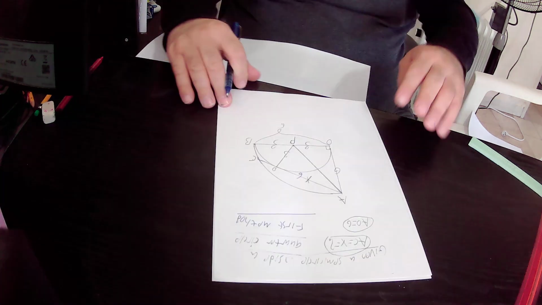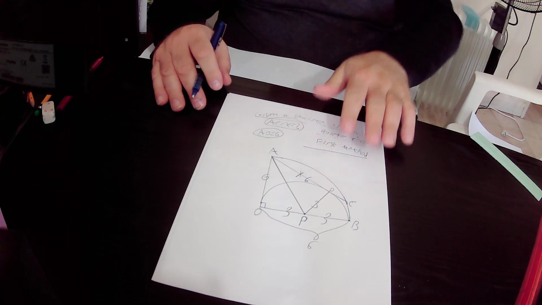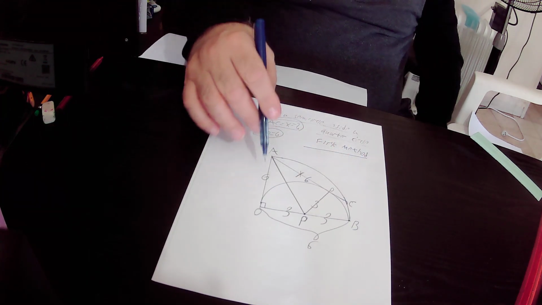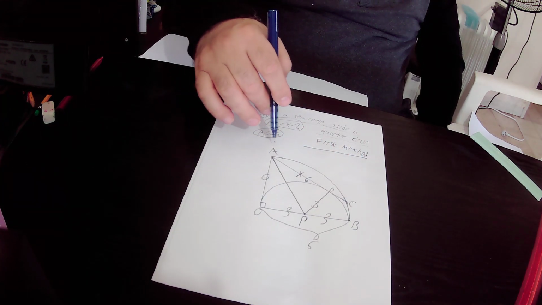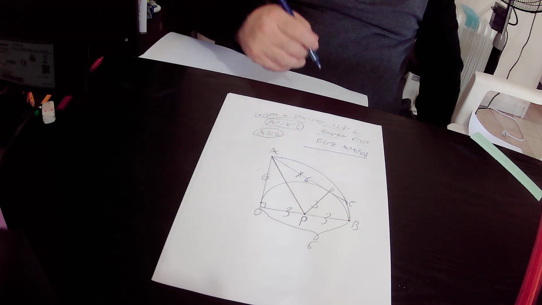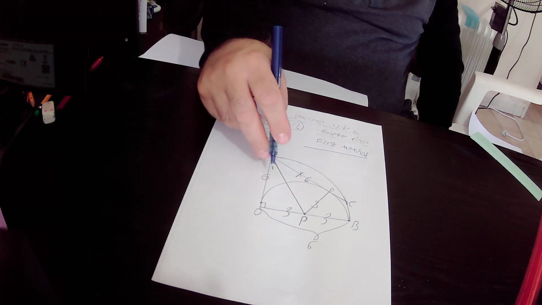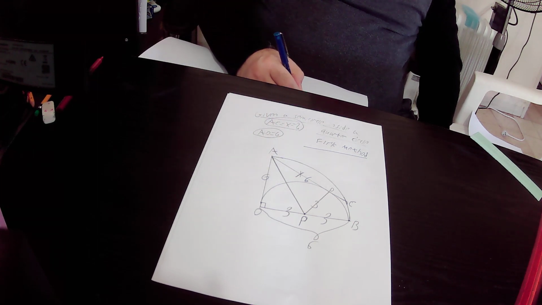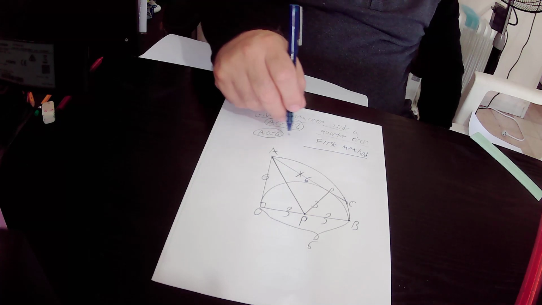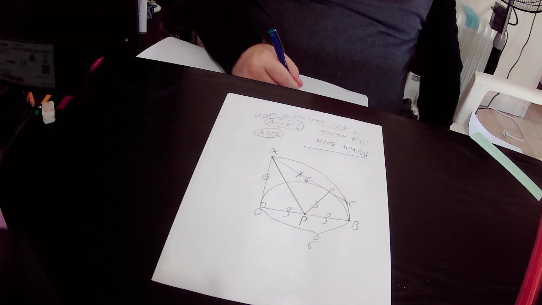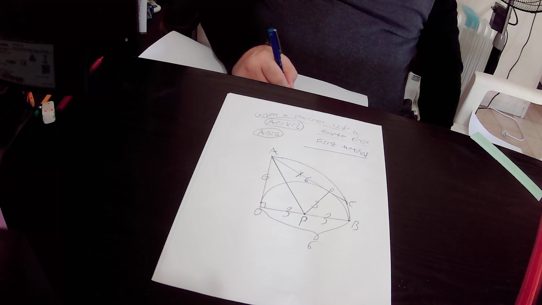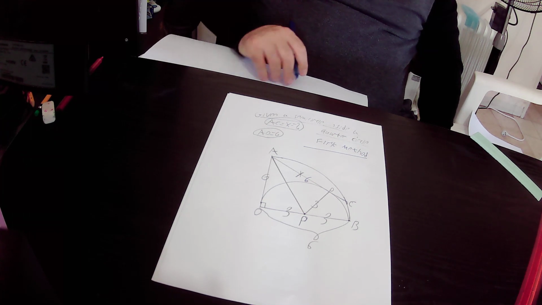First of all, side AO equals side AD equals 6 units. AO equals AD, and they're both equal to 6 units.